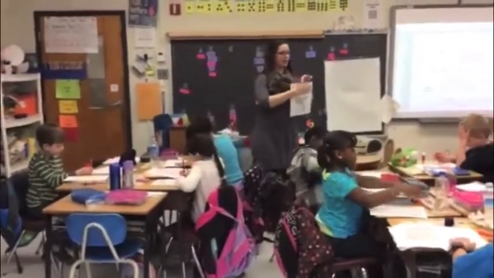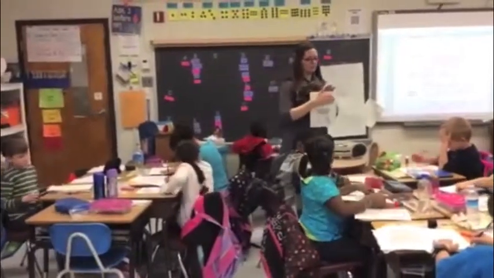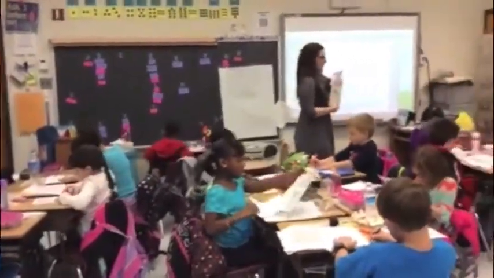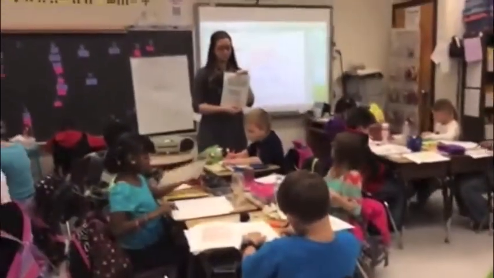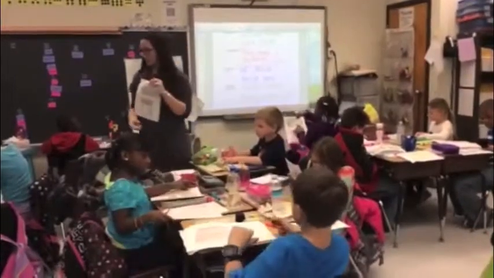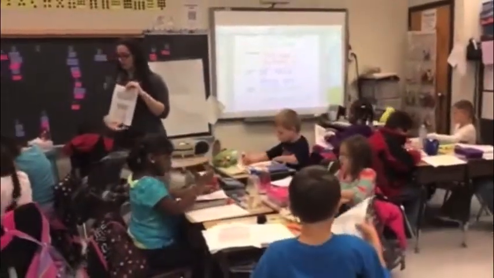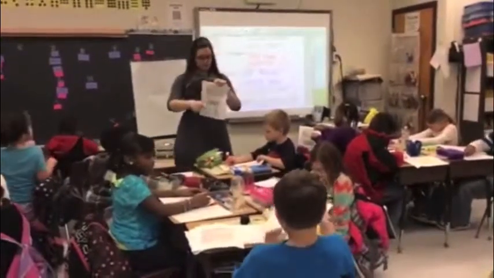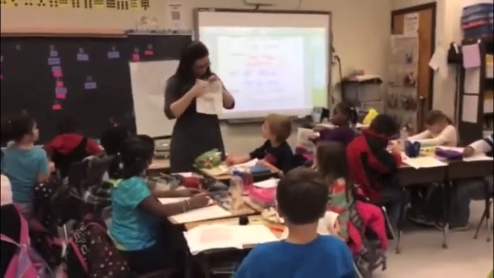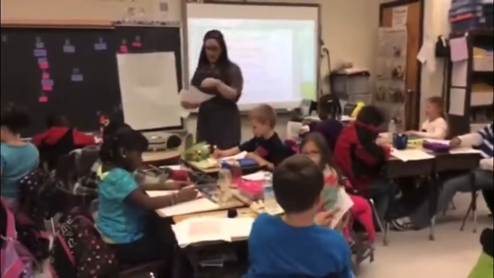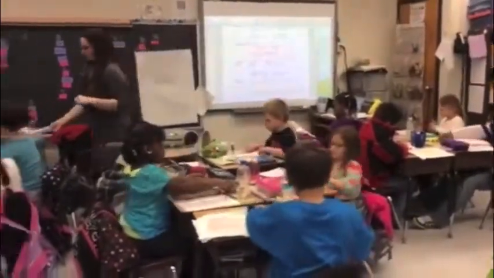Point on the map. Where is Egypt? Point to it. Where is Egypt on this map? Emmanuel's got it. Good job, Hayden. Well, that's Egypt down here. Point to the little Egypt that's on the map. Good job. Take your highlighter and highlight it in. Color it in.